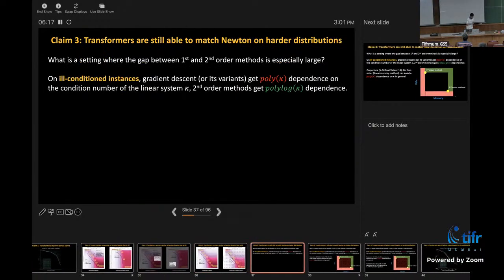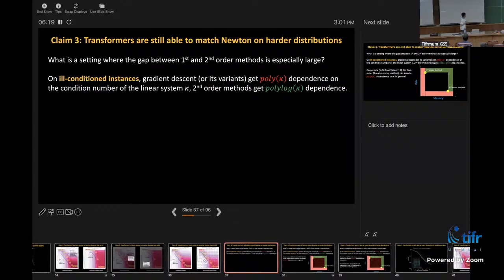Okay, so let's see if we can use that theoretical understanding a bit more. So let's try to see if we can find a setting where the gap between first and second order methods is much larger so that we can see a bigger difference. And this is the ill-conditioned setting which we were talking about earlier. So on ill-conditioned settings, as we discussed, gradient descent or its variants get this polynomial dependence on the condition number.